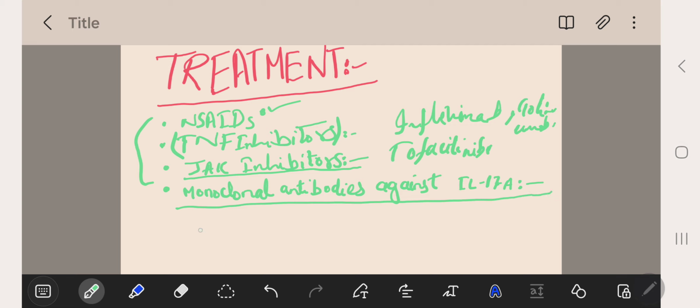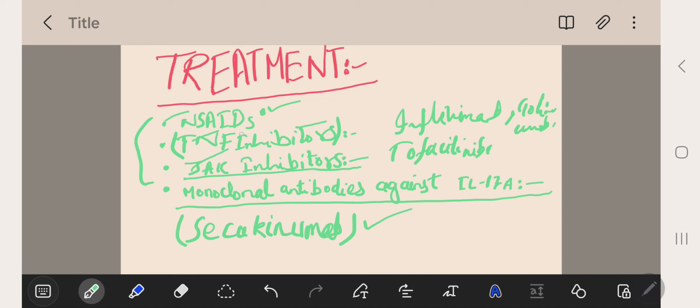These are secukinumab, and these are used when all these agents don't work.